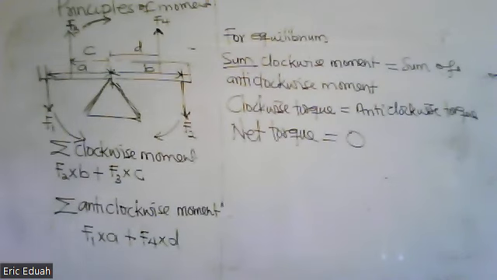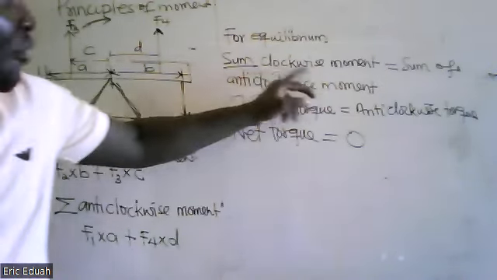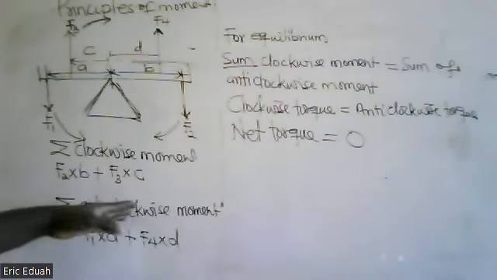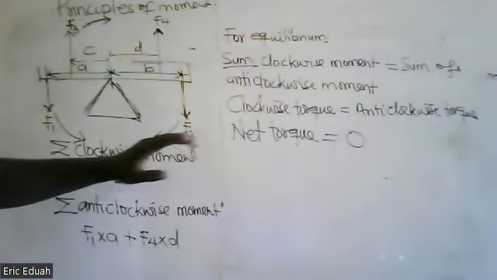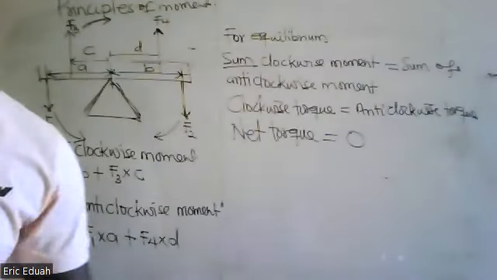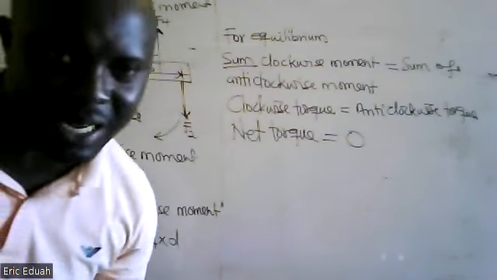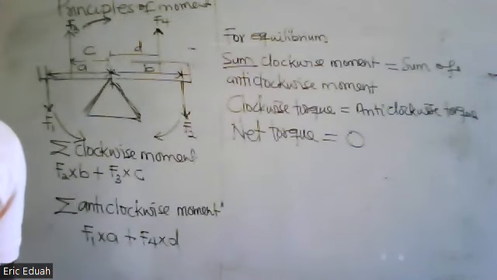Okay, so here, because we have more than one force, we can confidently say that the sum of clockwise moments must be equal to the sum of anti-clockwise moments for equilibrium to be achieved. Is that okay?